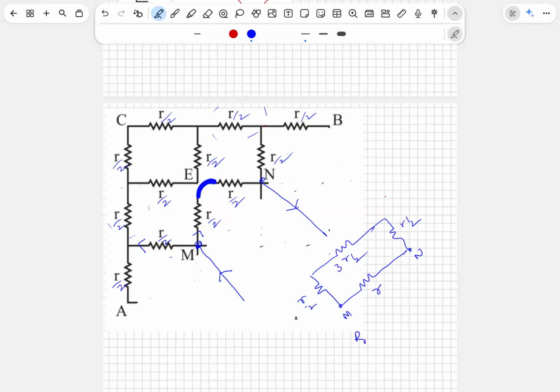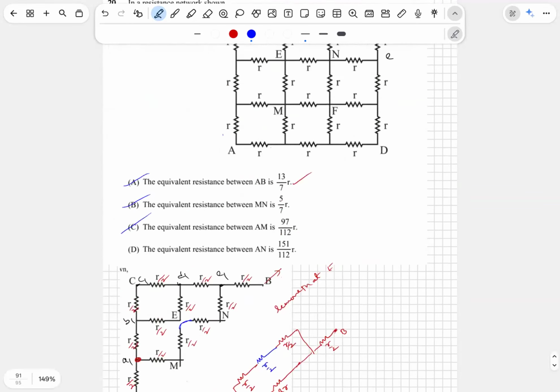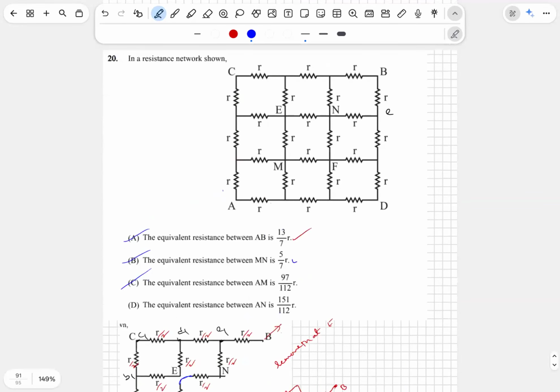So across MN it is 5R by 7. Absolutely correct. The equivalent resistance between A and M.